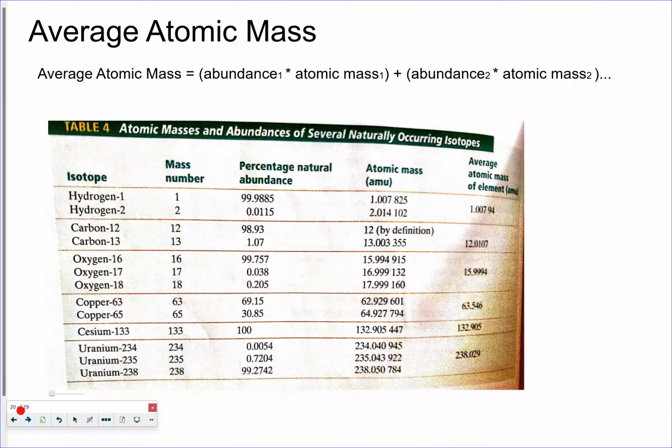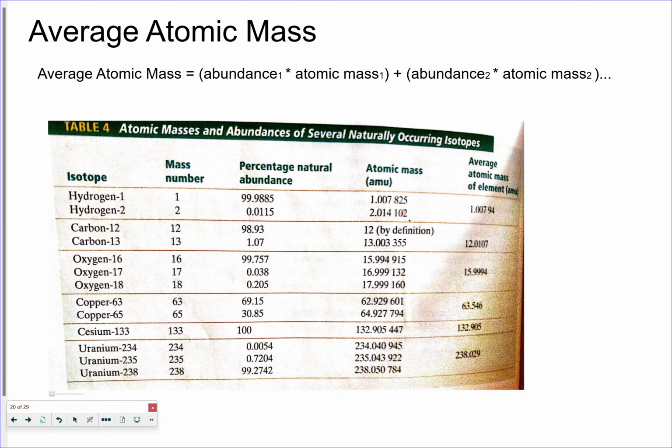So, average atomic mass. The average atomic mass is a combination of the percent abundance of an isotope and the atomic mass of that isotope. In the world, there is a certain combination of hydrogen isotopes, or all the isotopes, all the atoms. So we write them as an average instead of the two different masses that we would have here.